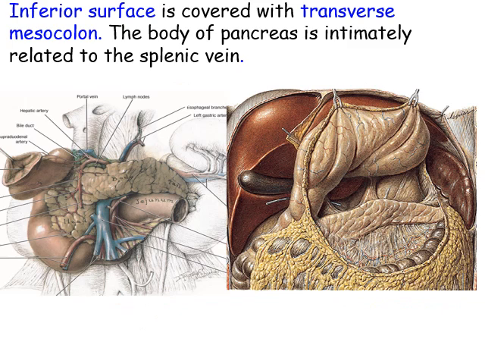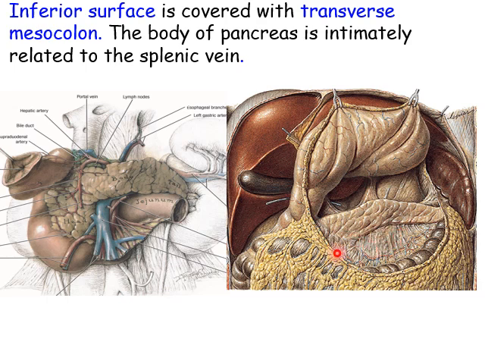Now the inferior surface. The inferior surface is here. This is the pancreas; this is the lower border, or inferior border, and this is the superior border. This is the transverse colon. Between the transverse colon and pancreas is the transverse mesocolon. That's why the inferior surface is covered by the transverse mesocolon.